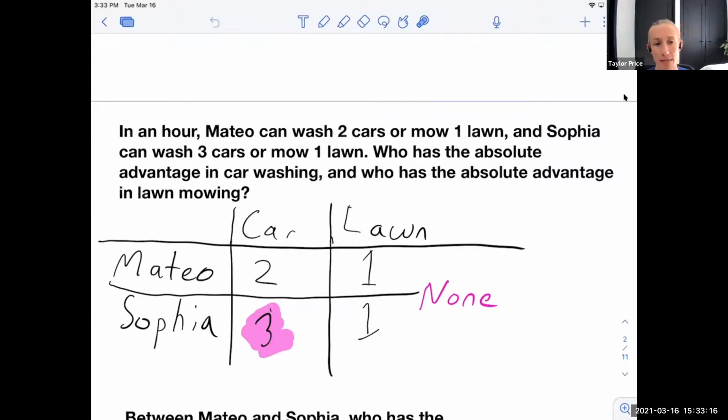So who has the absolute advantage in washing cars and the absolute advantage in lawn mowing? In this case, Sophia has the absolute advantage in car washing because she can wash 1 more car than Mateo can, but in lawn mowing, there's no difference between Sophia and Mateo.